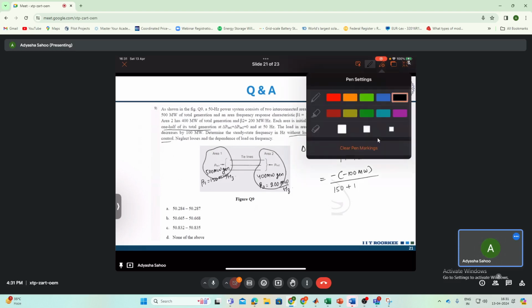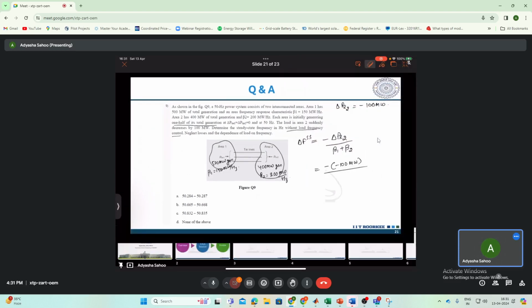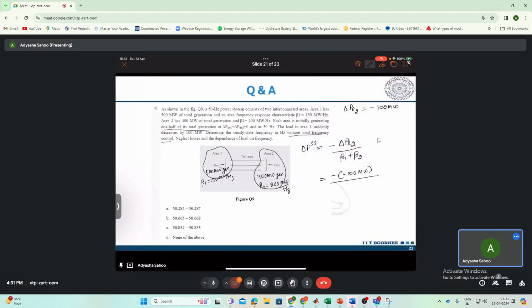Initially beta 1 is 150 megawatt per hertz, and beta 2 is 200 megawatt per hertz.